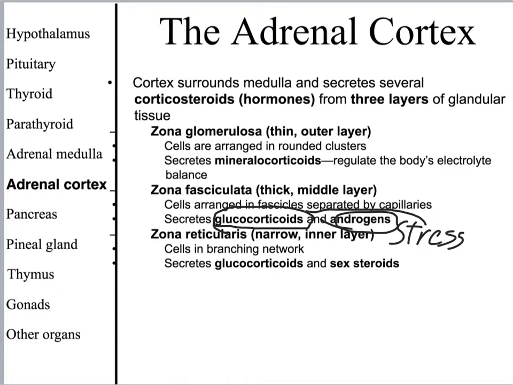Androgens, or sex hormones, are also secreted by the zona fasciculata. Androgens are specifically masculinizing hormones. That's what androgen means. They're almost all going to be steroids. They're all going to be similar to testosterone. And they're going to be secreted in both men and women. They're going to be secreted at higher levels in men, first off.